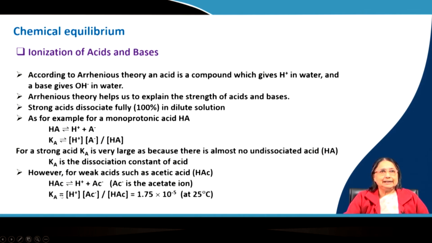Then Ka is H plus ion concentration into Ac minus ion concentration by HAc, and we can see from the value that it is very low. At 25 degrees centigrade, it is of the order of 10 to the power minus 5. So, it is a weak acid; it dissociates only a very small fraction, meaning the degree of dissociation is low, not like the strong acid.